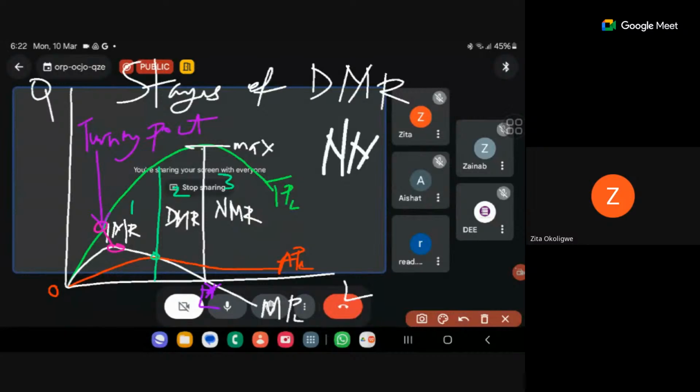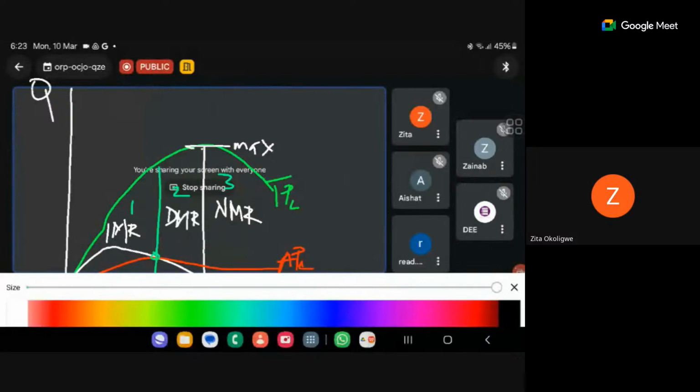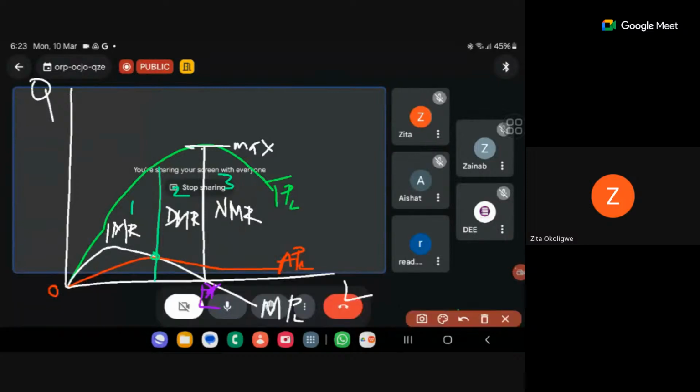All right. Now, what is the best point for the firm to stop employing? So the firm stopped at stage 1, it was stage 3. Now, in stage 1, the name is very enticing. Many students will pick stage 1 because the name says increasing marginal returns, which means that as the firm is employing more workers, extra output is rising.